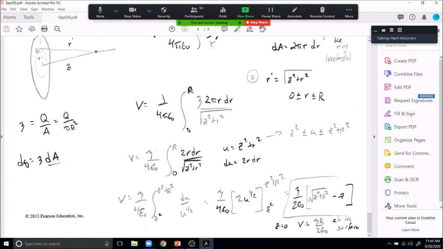The potential has some extra junk on it, which is the junk right here. And interestingly enough, if we plug in a value of 0 for z, so that means we're actually at the center of the disk, we end up with this expression here, sigma times R over 2 epsilon naught. And so that will be true right at the center of this thing here.